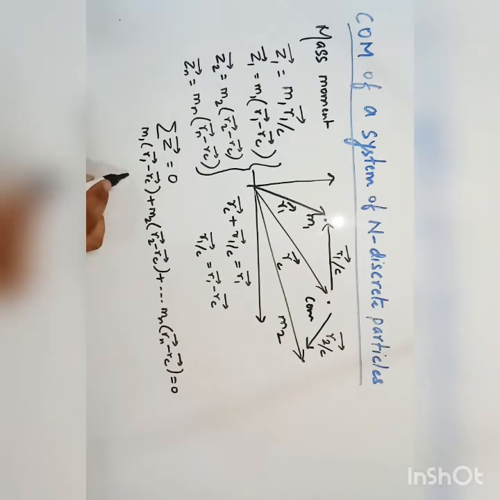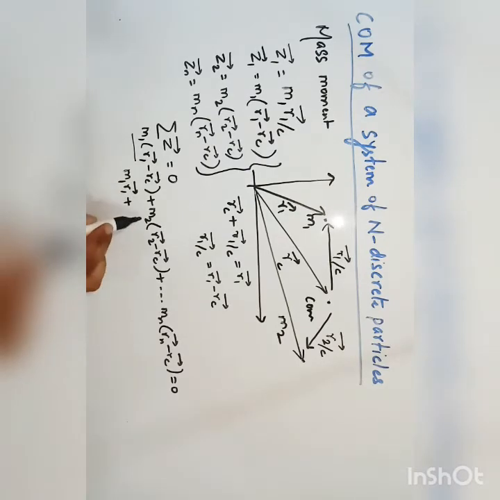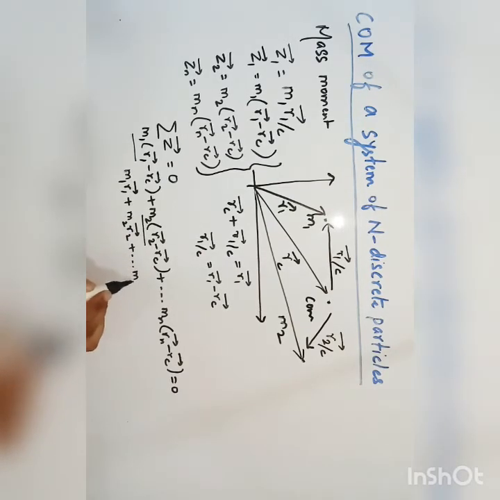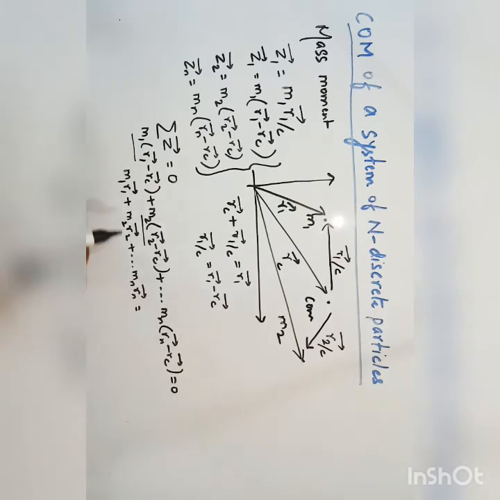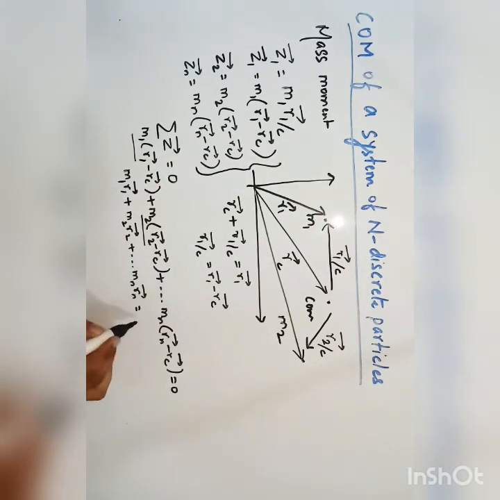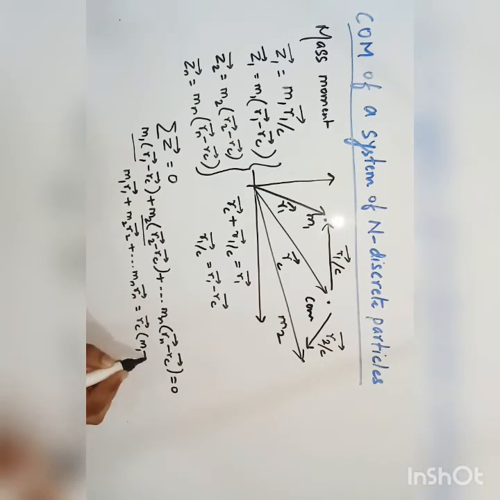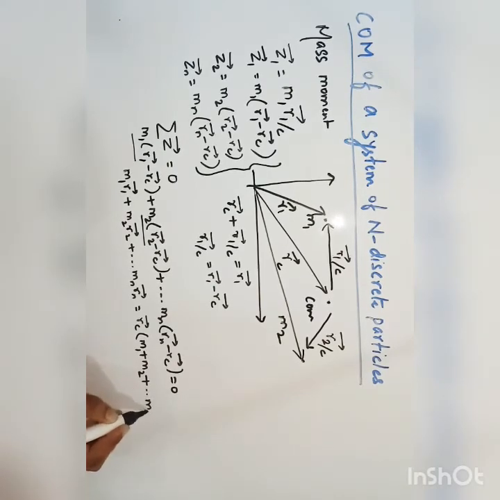So this will be m1 r1 vector plus m2 r2 plus, and so on, mn rn vector. And on the other side we will take m1 rc, m2 rc, and so on. So rc will be common and we will have m1 plus m2, and so on up to mn.